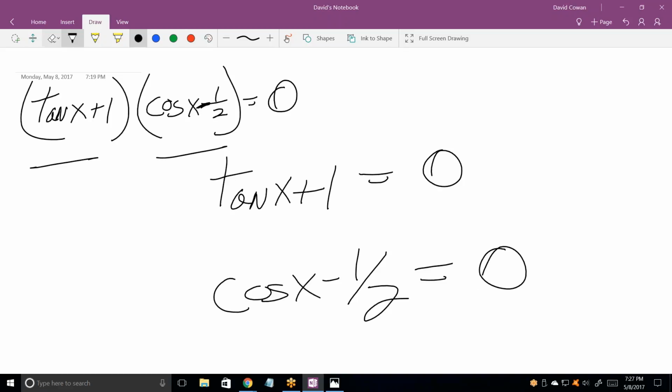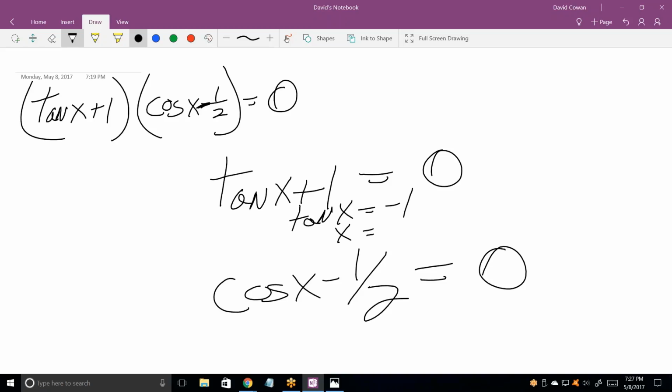All right, so now the problem's relatively simple. We're inside the unit circle. Where is tangent? This means tangent of x equals minus 1. Well, what angle is tangent equal to minus 1?